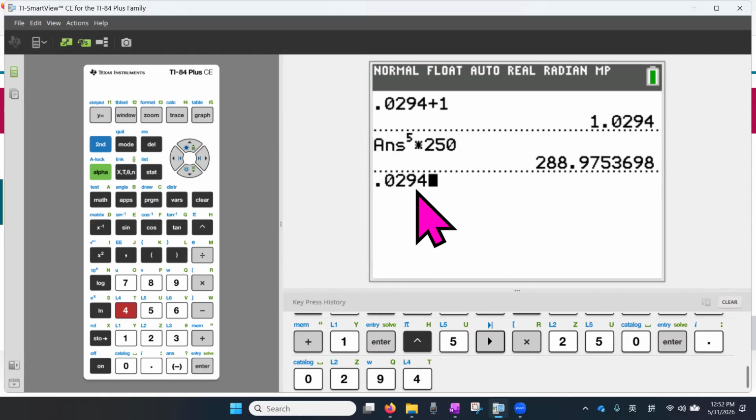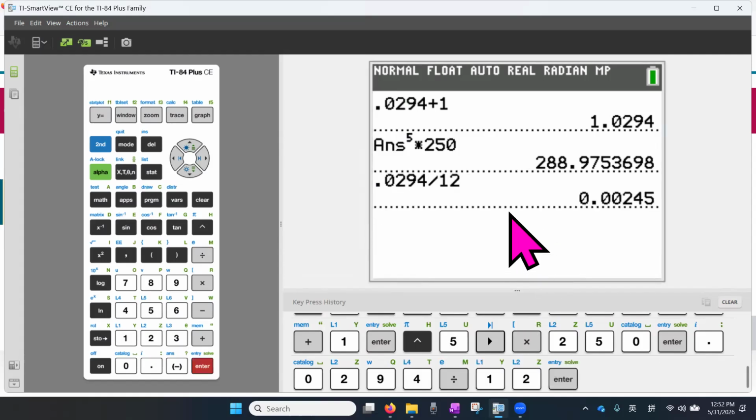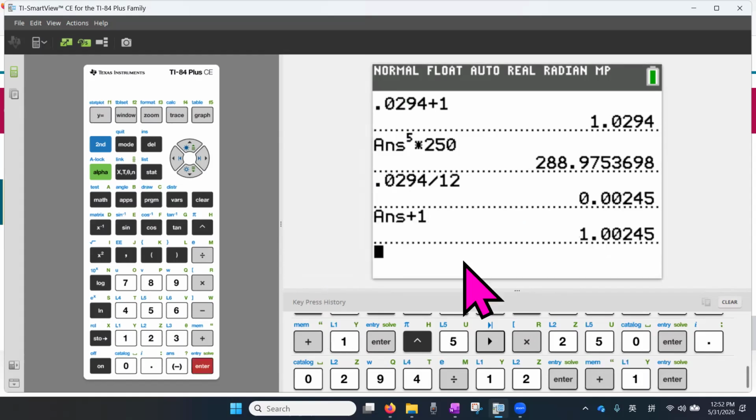And part B, the interest is compounded monthly. So we're going to divide the annual interest rate by 12. And that gives the monthly interest rate. And then I add 1 to the monthly interest rate. That gives me the compounding factor in part B.